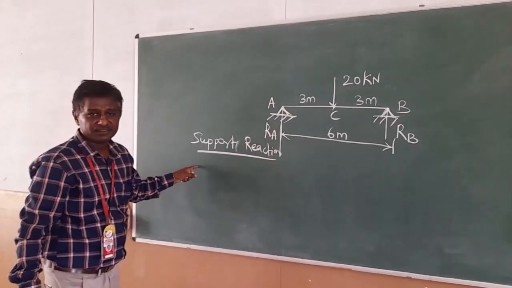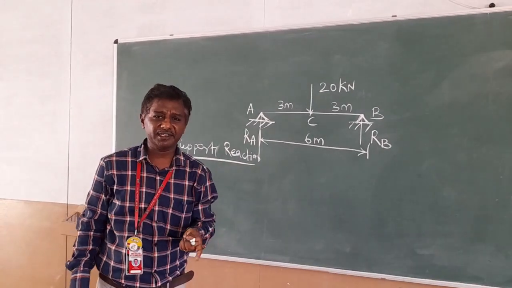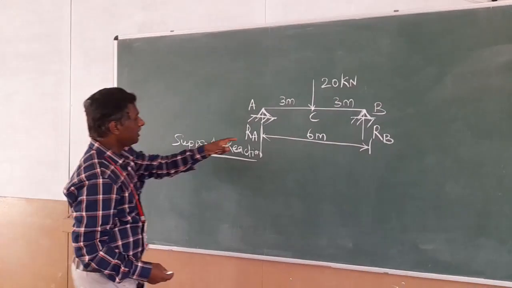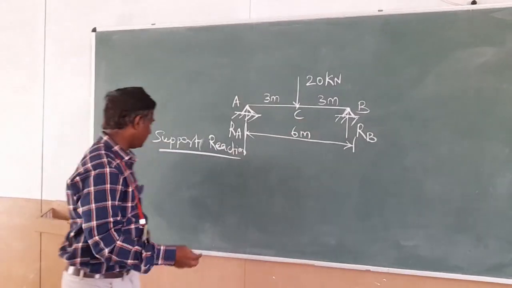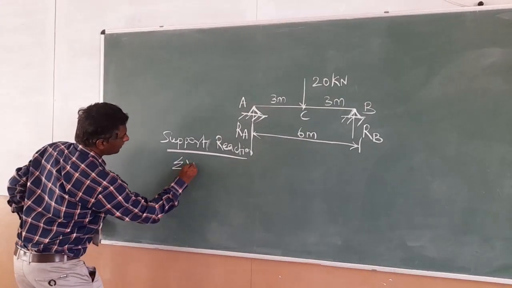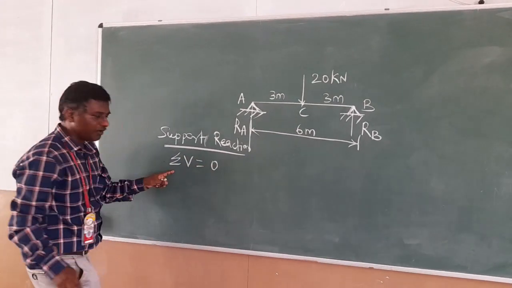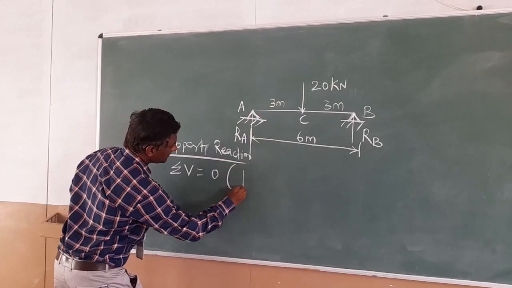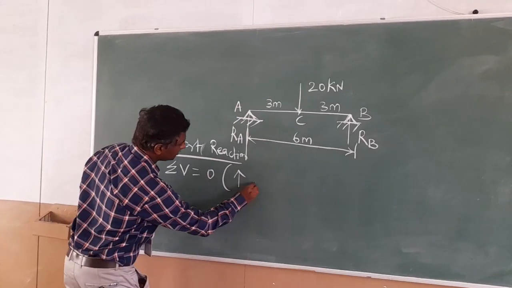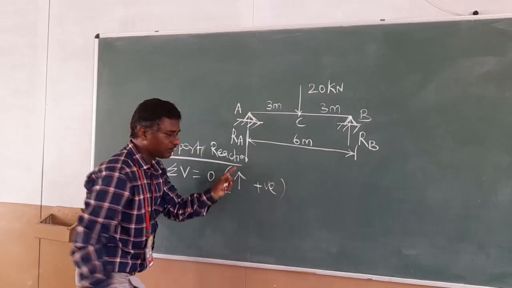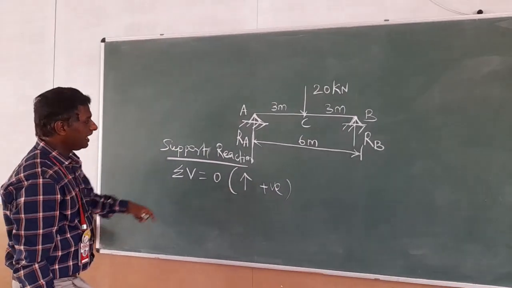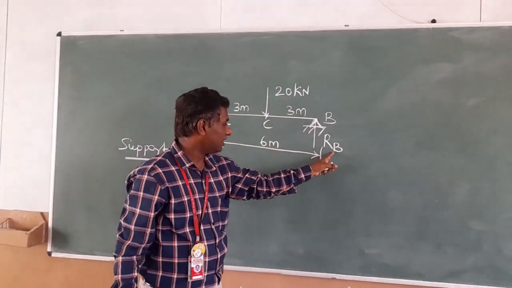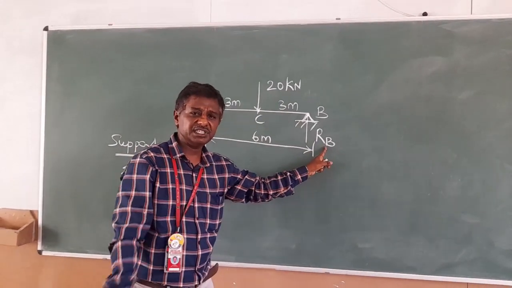The support reactions can be found by using the static equilibrium equations. Since we have only vertical loads, I am taking sigma V equal to 0, that means the sum of all vertical forces is equal to 0. With the sign convention, upward force is taken as positive and downward force as negative. I have RA, the 20 kN load, and RB, totally 3 forces.